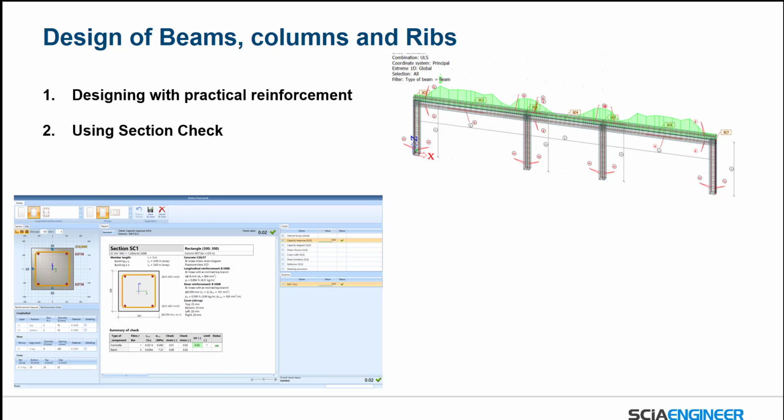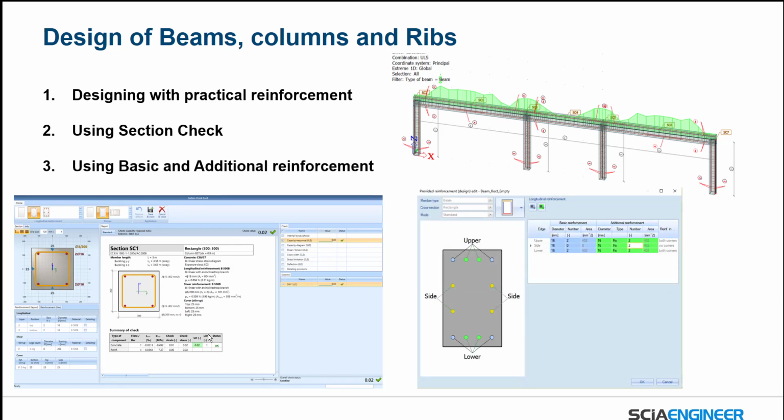This tool has a very user-friendly environment. You can see on the right side all the checks from the ULS and from the SLS. On the left side, you can see your cross-section with an easy way to input the reinforcement, and in the middle you can see the content of the check with some colors to guide you if everything is okay or not.